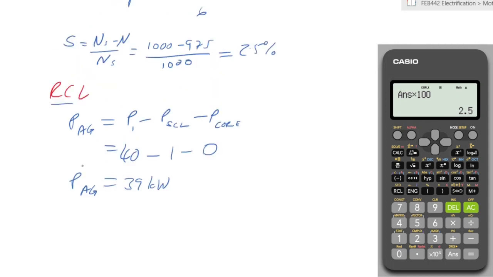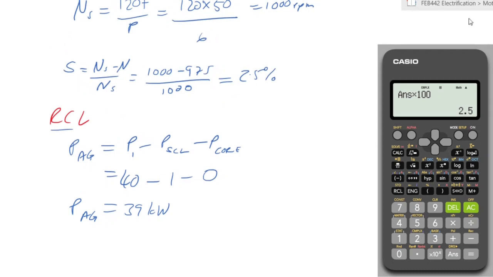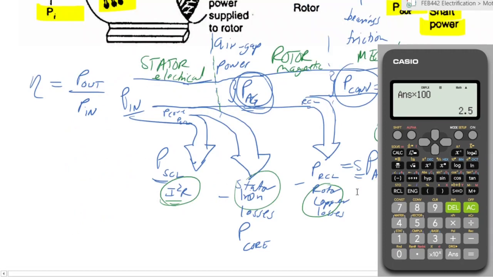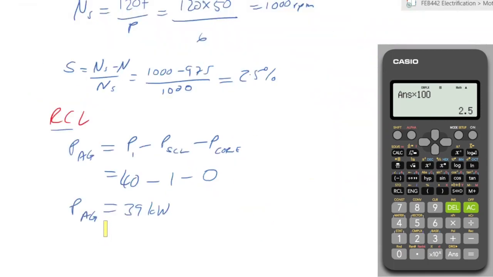And remember, we gave the relationship that, let's go back here, the rotor copper losses are equal to slip times the power at the air gap. So here we would be able to say that the rotor copper losses are equal to slip times air gap power, which is 0.025 times 39, right? So 2.5 divided by 100 times 39.